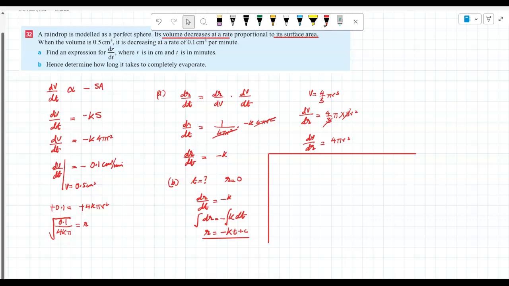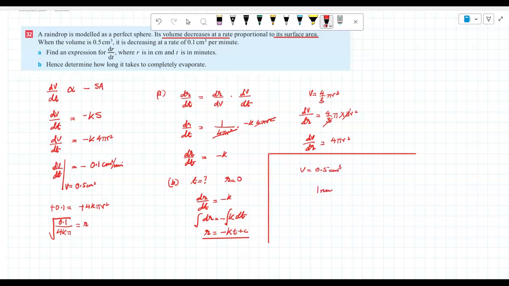Now, we know that the volume is 0.5 centimeter cube.